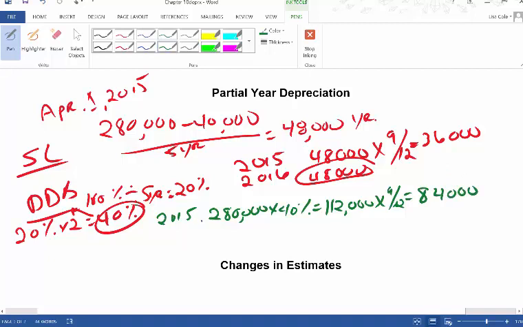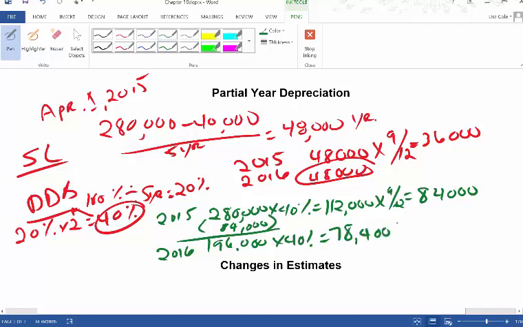Okay? And so remember, I decrease my book value every year. I'm just kind of doing it in a little different format. And so my new book value in 2016 would be $196,000. And so in 2016, I multiplied times my 40%, and the depreciation for the second year would be $78,400.